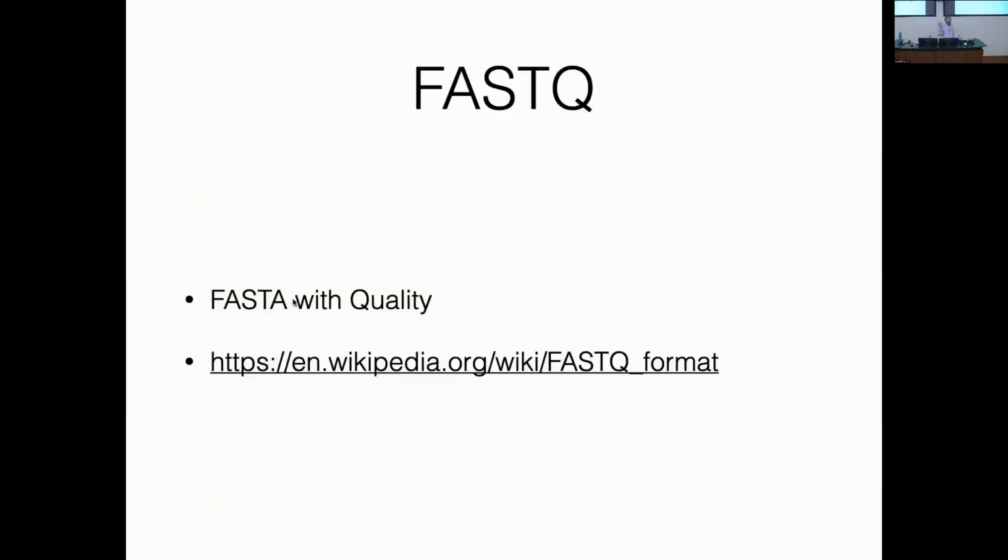If you download a genome sequence, or even just the nucleic acid sequence of a gene, it's almost always in a FASTA format. So FASTQ is short for FASTA with quality. I will show you what that means in a minute. And I have to give a shout out to one of my favorite Wikipedia pages in the universe, the FASTQ Wikipedia page.